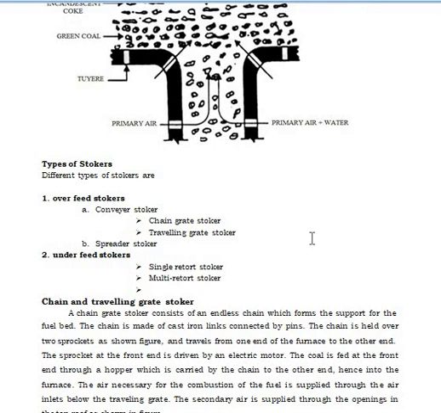A chain grate stoker consists of an endless chain, which forms the support for the fuel bed. The chain is made of cast iron links connected by pins.